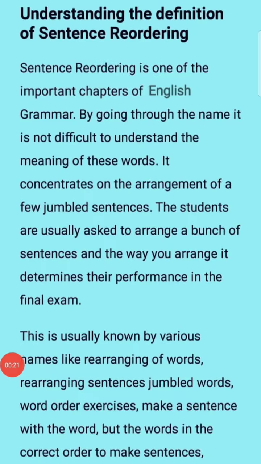Sentence reordering is nothing but to check how well you are in structuring a sentence. The students will be provided with groups of words or phrases in jumbled up order. Then you will be asked to reorder or rearrange these words and phrases into meaningful sentences.